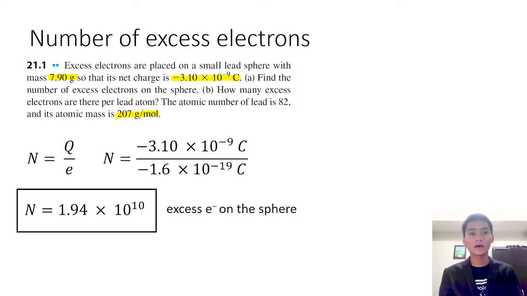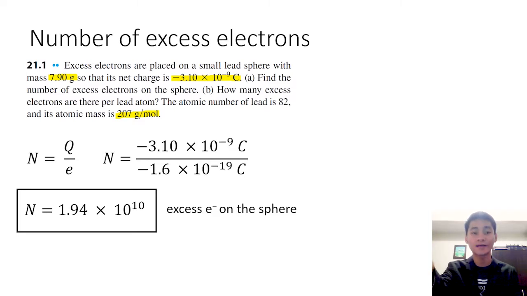We then find that 1.94 times 10 to the 10th is the number of excess electrons on the sphere. We divide the charge of the whole sphere by negative 1.6 times 10 to the negative 19 coulombs.